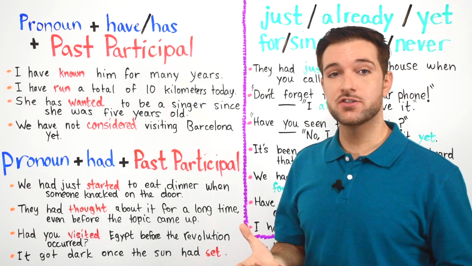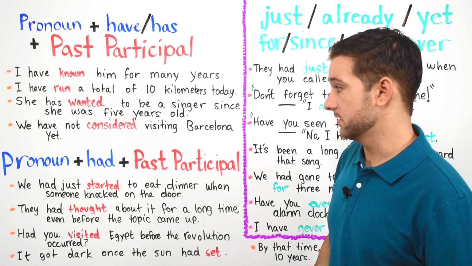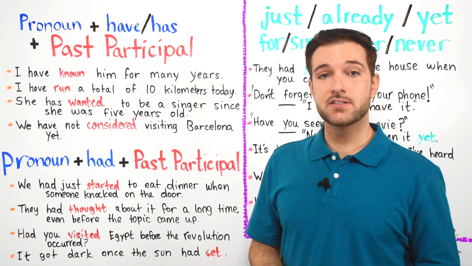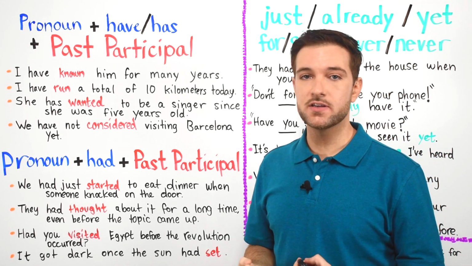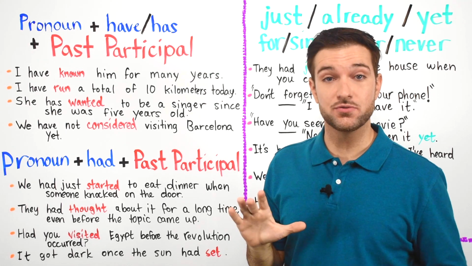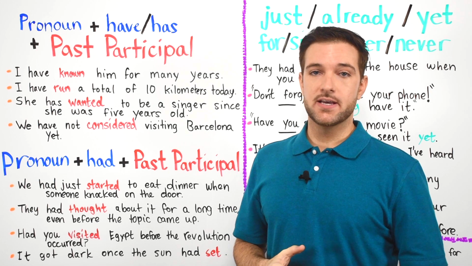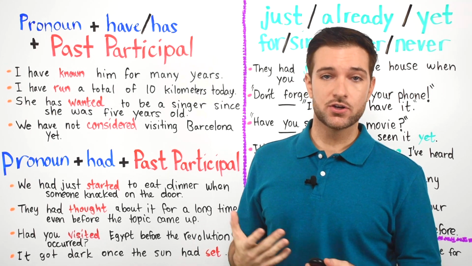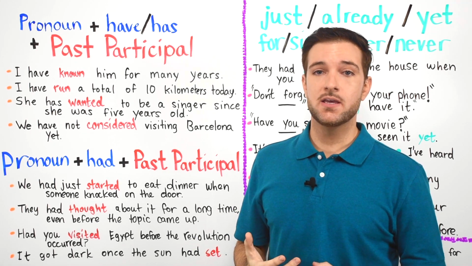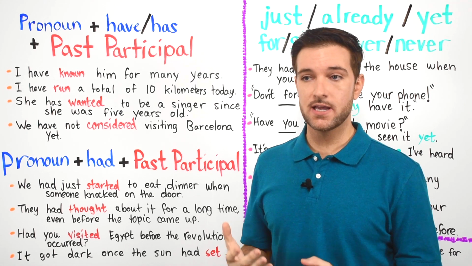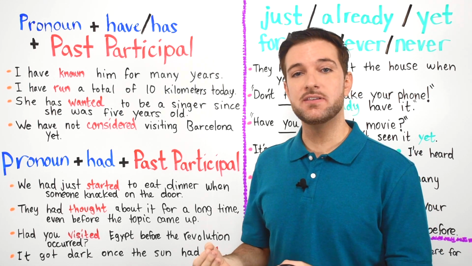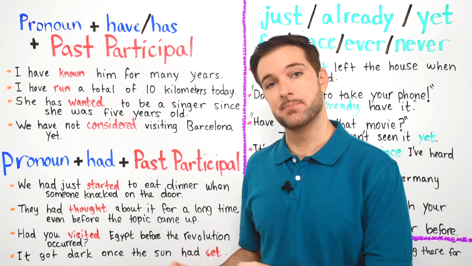So guys, just make sure that you remember these things. Now let's go ahead and talk about the past perfect tense, which is a little bit different, but also super easy. Now, the past perfect tense is used to talk about an action that occurred at a time in the past, and it happened before another action happened.